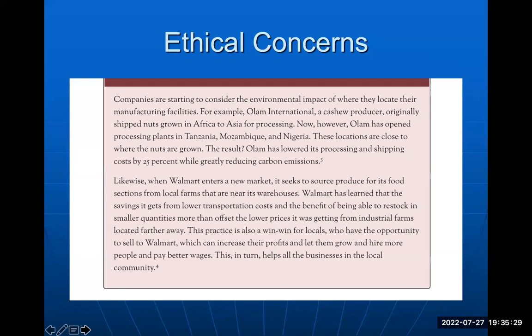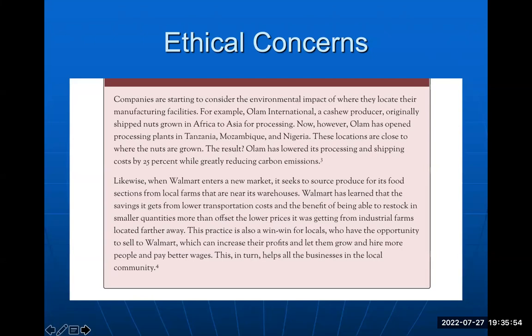Right. So when you're exporting certain goods to other countries, part of what needs to be considered is the impact of the products on the natural environment, but not only on the natural environment, even on people's health.